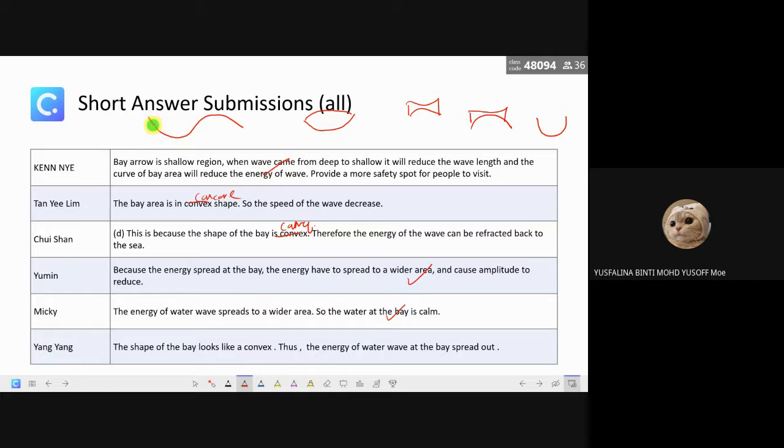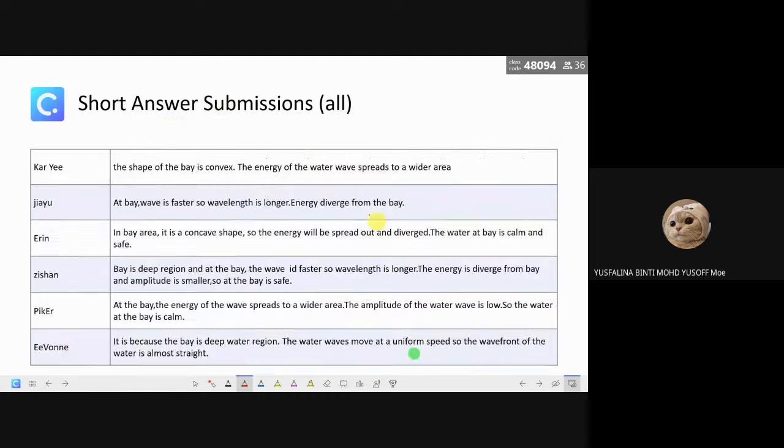So this is the convex part, and this one is a concave part. This is also a concave, right? I drew for you just now. It's concave, not convex.